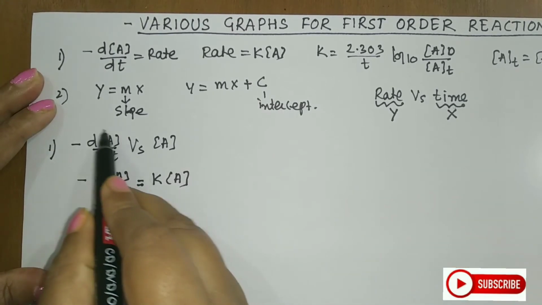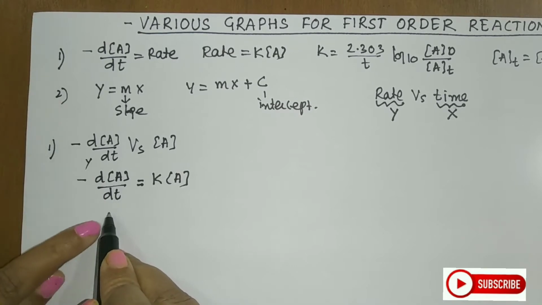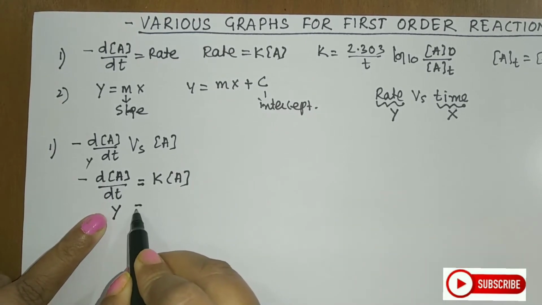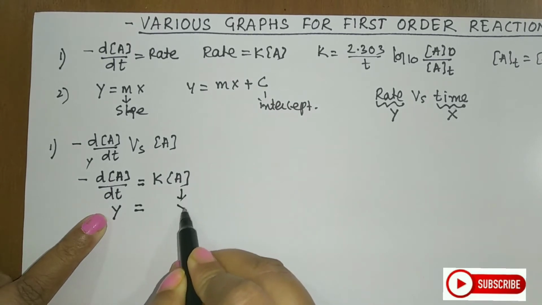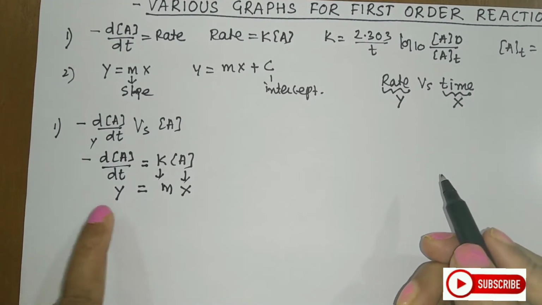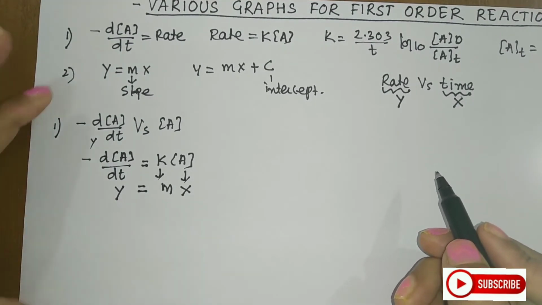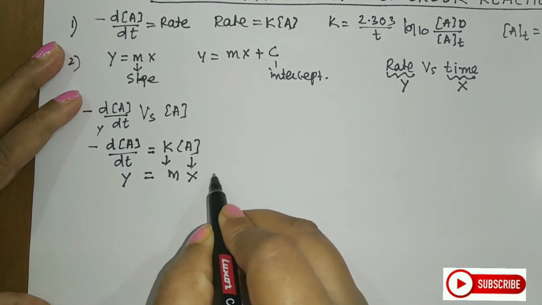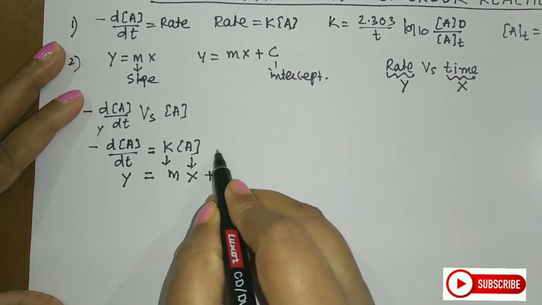Now this term must be your y-axis and this is already on the left hand side. So this is y, and this is x. Now this K is your slope. So what I got is y is equal to mx. When it is y is equal to mx, there is no intercept here, so the intercept is 0.